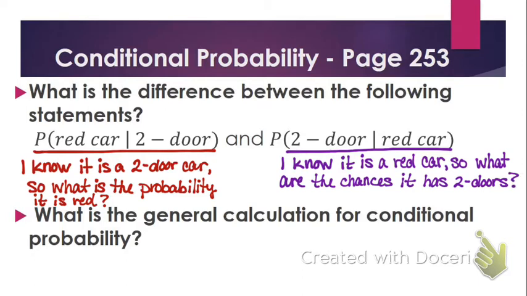The general calculation for conditional probability looks like this.